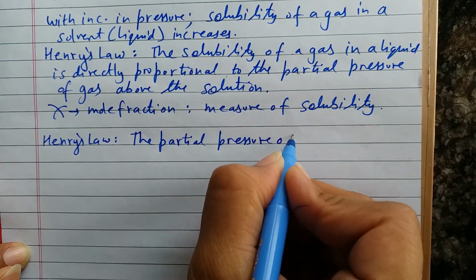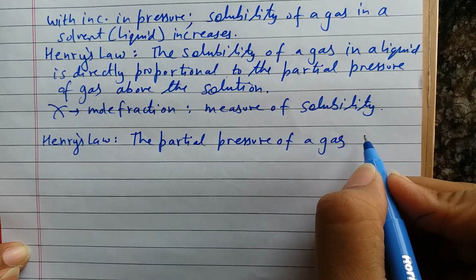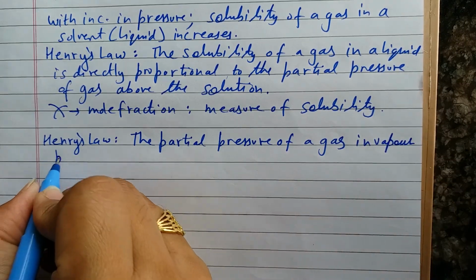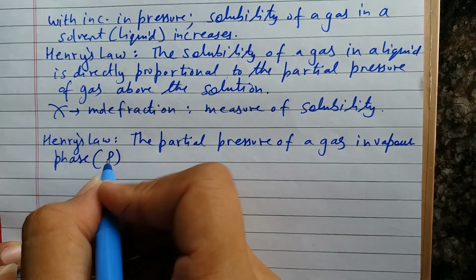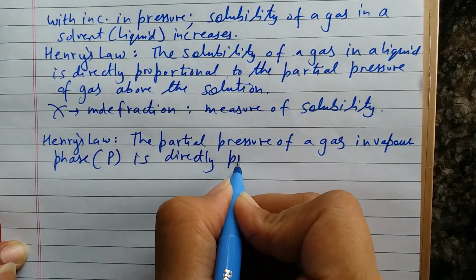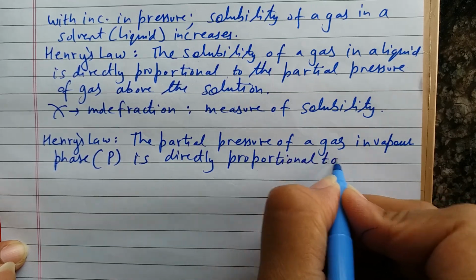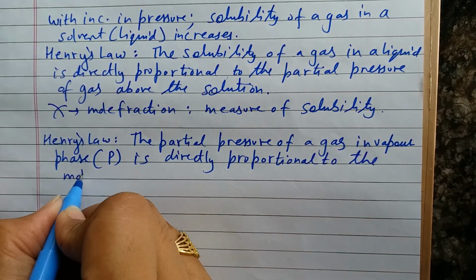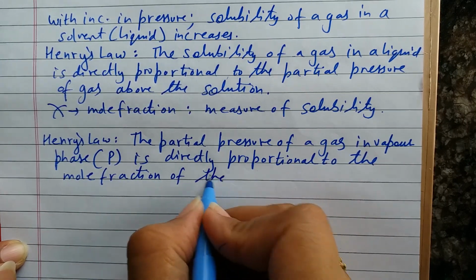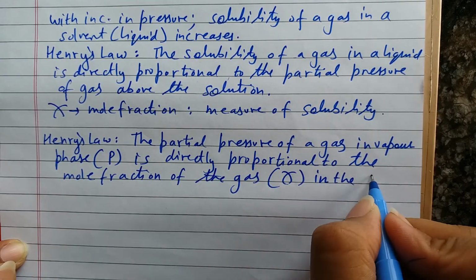The partial pressure of a gas in vapor phase, let's say it is P, is directly proportional to the mole fraction of the gas, which is chi, in the solution.